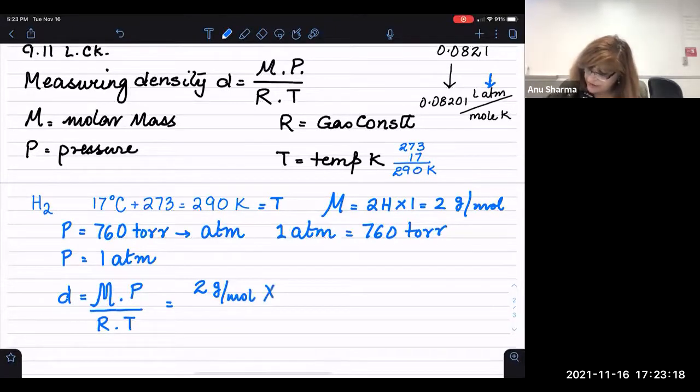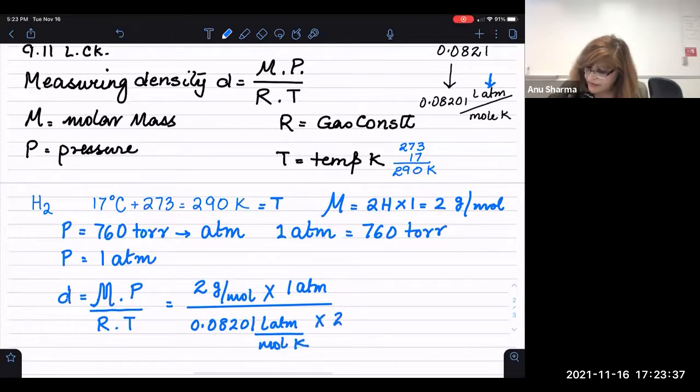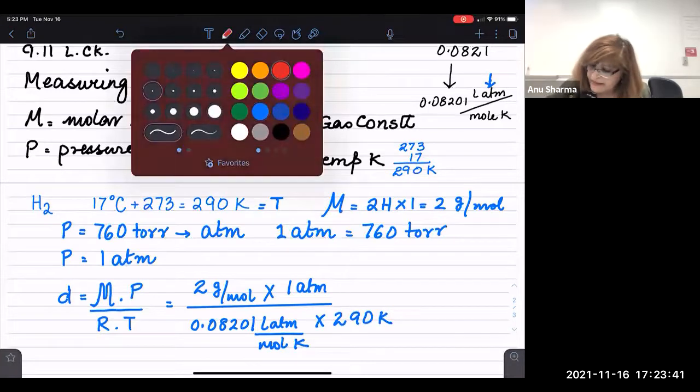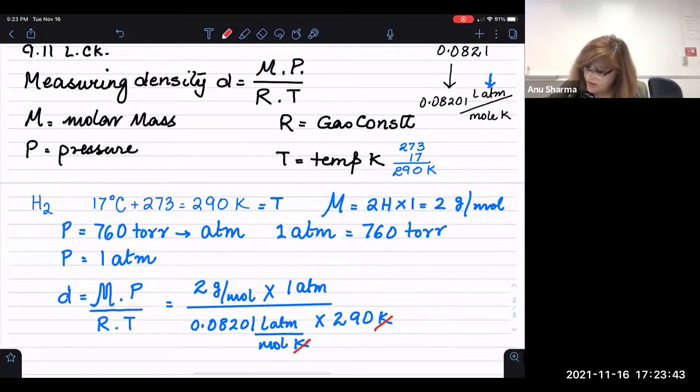So 2 grams per mole, times the pressure, 1 ATM, over R, which is 0.08201 liters atmosphere per mole K times 290 K. So this cancels out the K and K, mole and mole, ATM and ATM, and what you're left with is grams and liters.